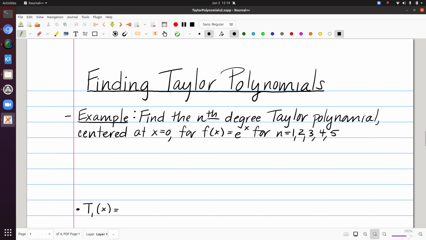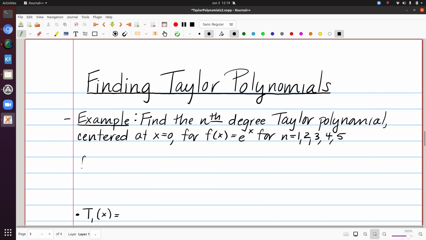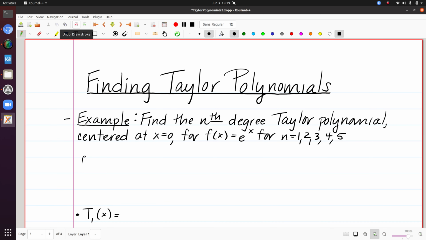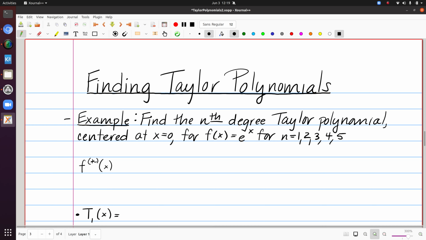One thing I want to point out is that based off of the way that we defined the Taylor polynomial centered at 0, we need to be able to find up through the fifth derivative of our function f of x evaluated at the center x equals 0. But notice here that for this function, e to the x, every single derivative is the same.